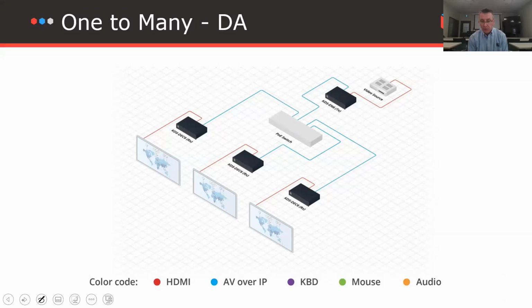If this application was 1-to-3 and we bought a 1-to-3 HDMI DA and they want to add one more display, we'd either have to swap out that 1-to-3 DA for a 1-to-4 DA, or jump out of that 1-to-3 DA into another DA to get that extra one on there. With video over IP, as long as we've got ports available, we could make this as big as we want. 1-to-3, 1-to-30, 1-to-300. There really is no limit as long as we've got the ports available. And there are lots of ways of adding ports to switches, to stack switches, to get really as many ports as you need.